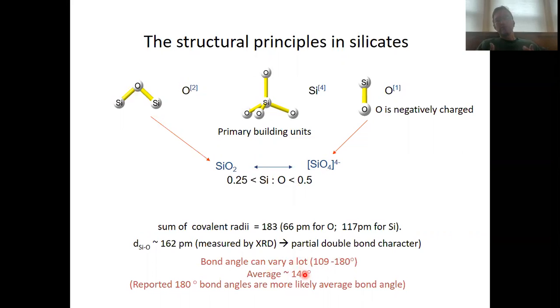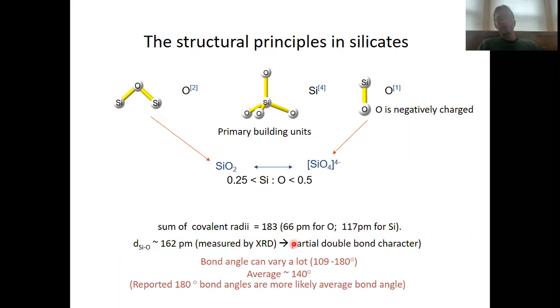So this is significantly larger than the tetrahedral bond angle. And the explanation for that is that the silicon oxygen bonds have partial double bond character. You can see this when you look at the silicon oxygen bond length. A typical silicon oxygen bond length is 162 picometer.